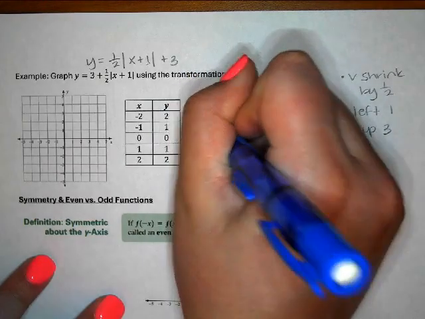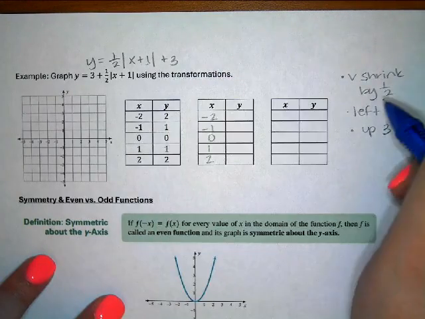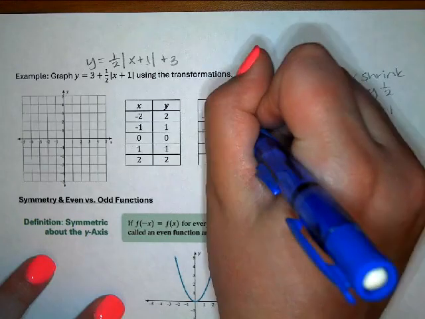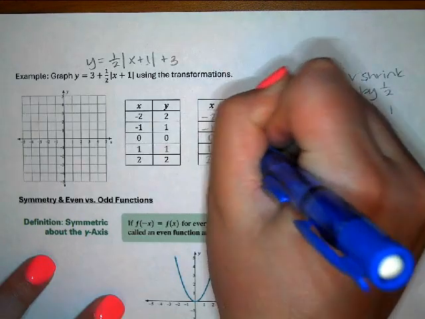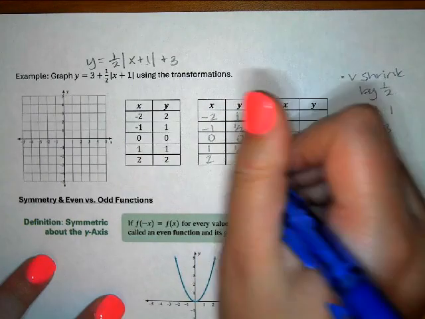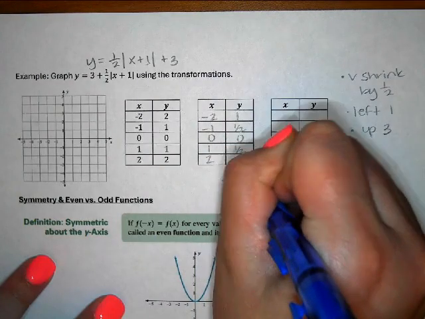And I'm going to take the y coordinates and multiply them by 1/2, or cut them in half. So 1, 1/2, 0, 1/2, 1. Okay? And this is a vertical shrink by 1/2.